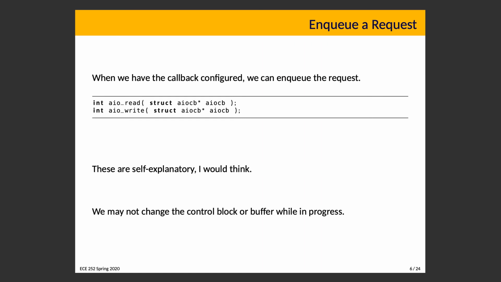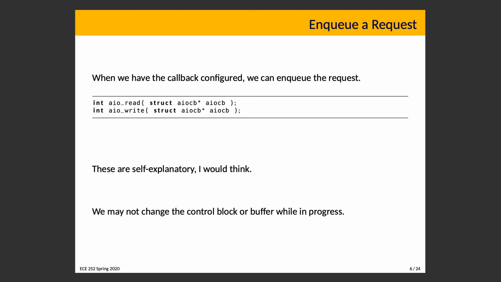Okay, so let's imagine then, after there's a fair amount of work, but after all of the work to prepare our AIO callback request, we can then enqueue it. There are two separate functions for enqueuing, one for enqueuing a read and one for enqueuing a write, and they are called, imaginatively, AIO read and AIO write.